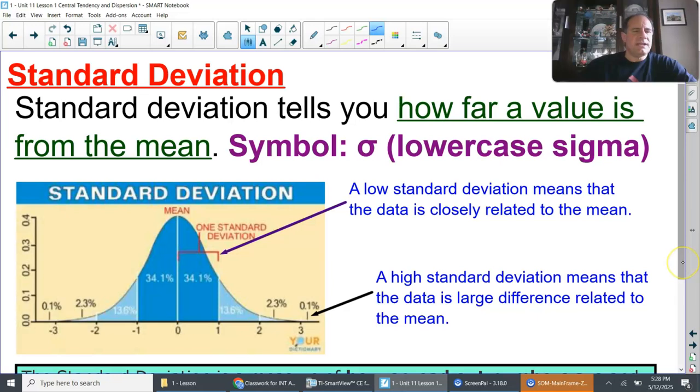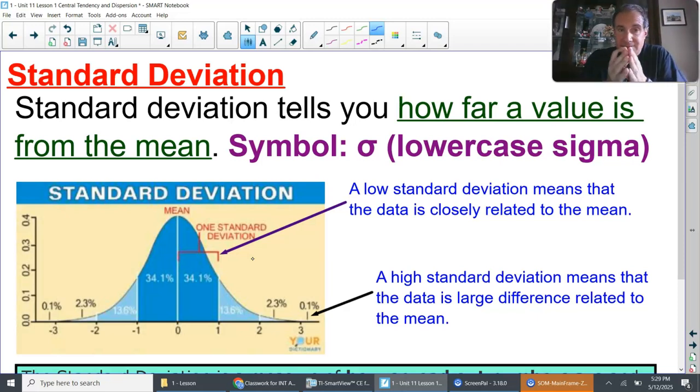So standard deviation, this is the last thing in this lesson. Standard deviation tells you how far a value is from the mean. And lowercase sigma is the symbol for standard deviation. A low standard deviation means that data is closely related to the mean.